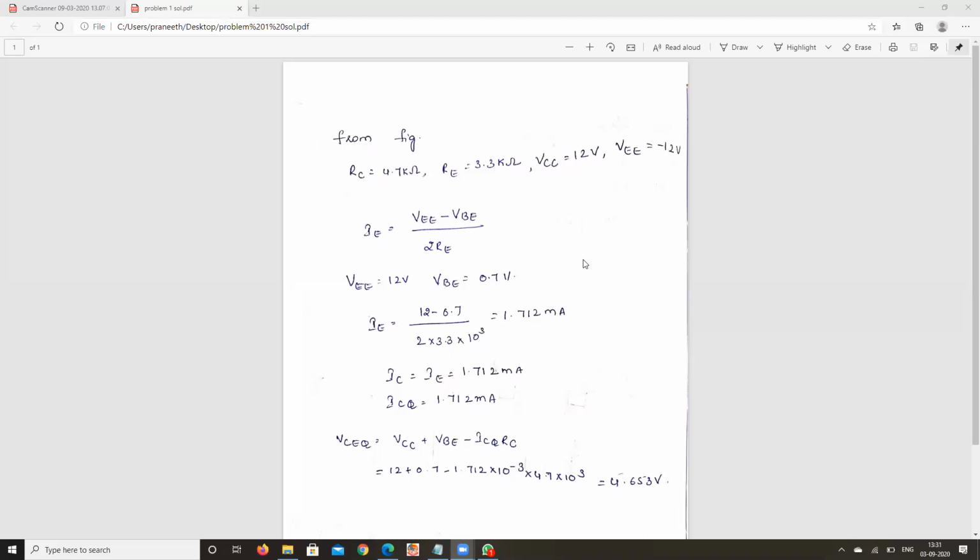We'll go for the next problem. This is a very simple problem. If this is okay, we'll go for the next problem. Yes or no? Shall we go to the next problem?